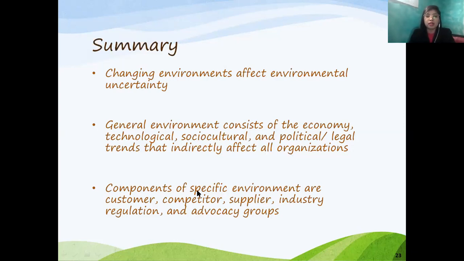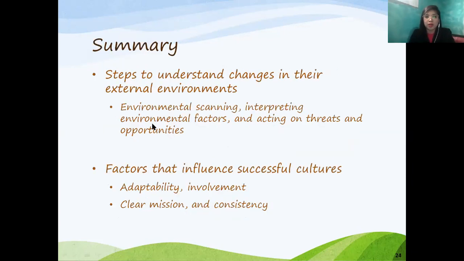And then the components of the specific environment, which are the customer, competitor, supplier, industry regulation, and advocacy groups. And then we also discussed the steps to understand changes in the external environment, which are sensing the environment, interpreting environmental factors, and acting on threats and opportunities. And then the factors that influence successful cultures: adaptability, involvement, and clear mission and consistency.